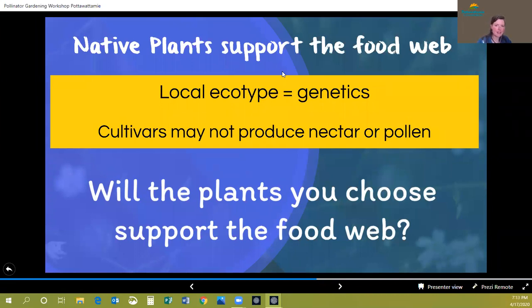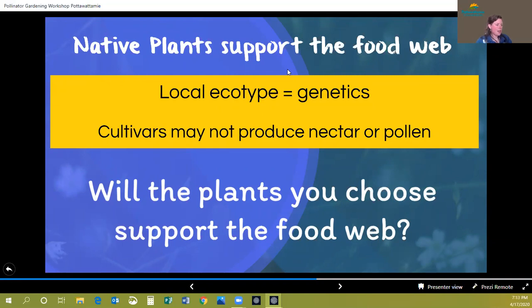These are the plants that have been growing here and evolving here with all of the other insects and birds and wildlife and bacteria and viruses and fungi. They've been co-evolving with everyone. So these are the guys who've been around. They're not someone from Asia or from Europe, right? A plant that's native to Europe is not native to North America. It's great for Europe and for European insects, but it's not good for North American insects.